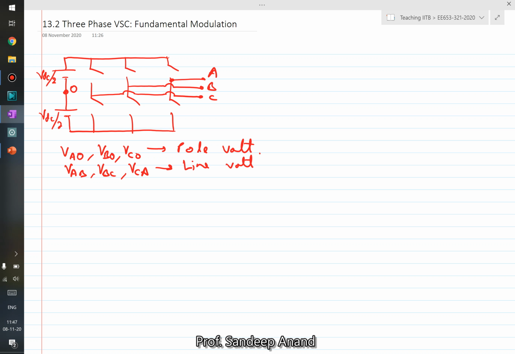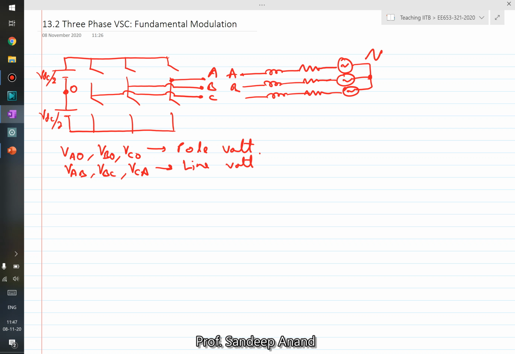And now if this system is also connected to a load, let's say an RLE kind of load, it could be a machine, for example, where you represent it by the back EMF and a series resistance and inductance. And this is again a three-wire load where the neutral is tied up.